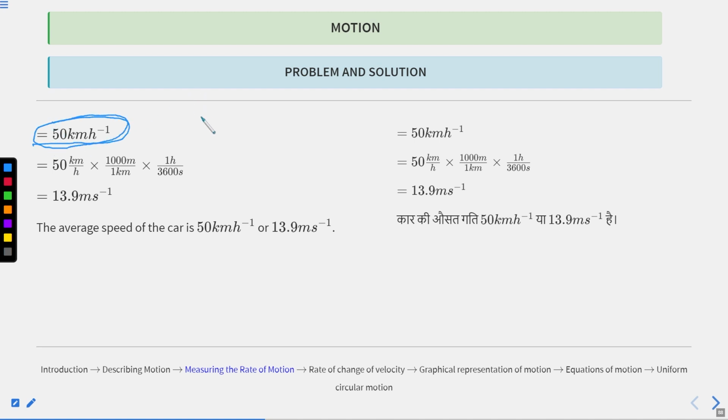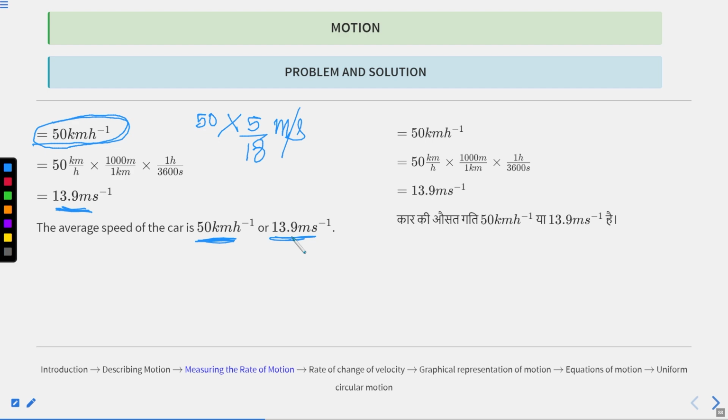But if you want to change kilometer per hour, as I explained, you just have to multiply by 5 by 18 to get the answer in meter per second, and the final answer you will get is 13.9 meter per second. So the average speed of the car is 50 kilometer per hour or 13.9 meter per second.